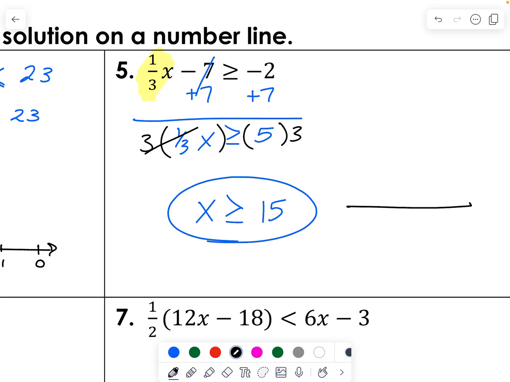And then to graph that, I've got 15. I have an equals to symbol, so I'll have a closed circle because 15 is equal to 15, and I can shade to the right, because this inequality symbol tells me greater than or to the right.